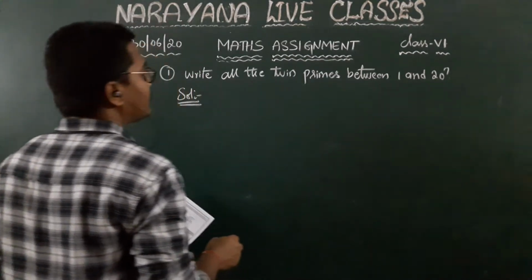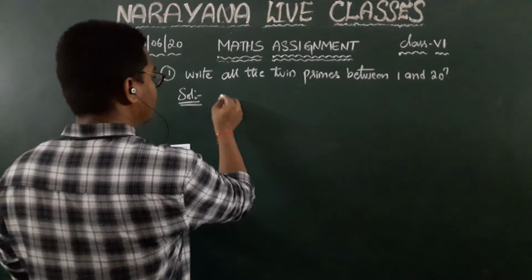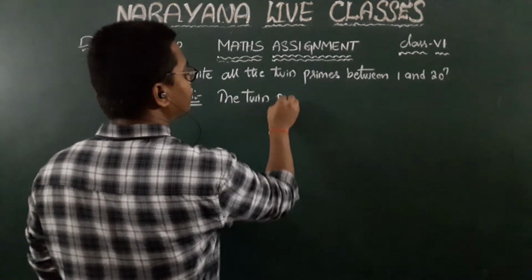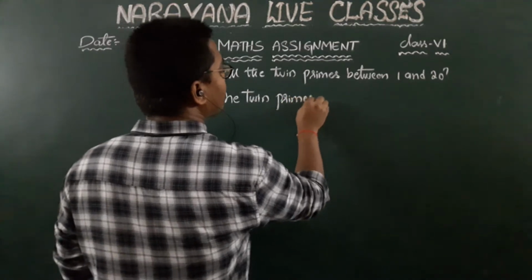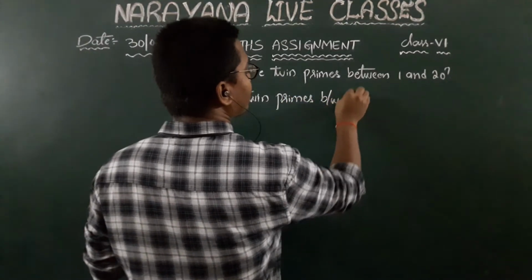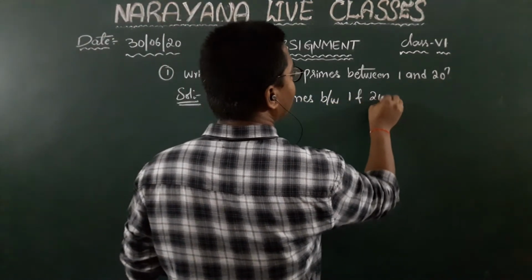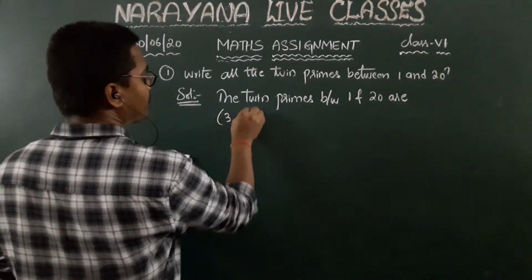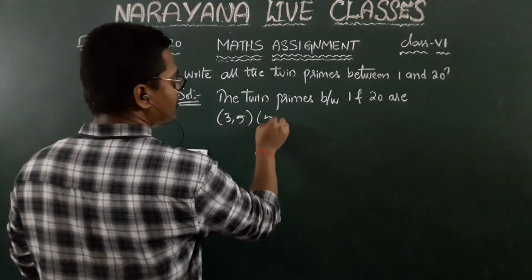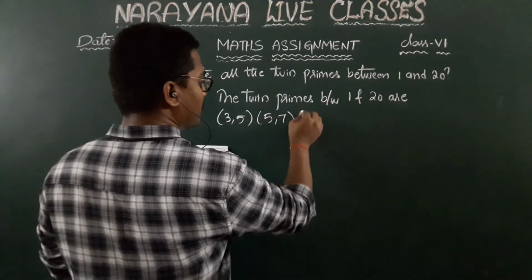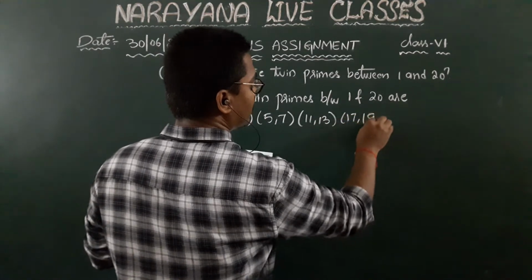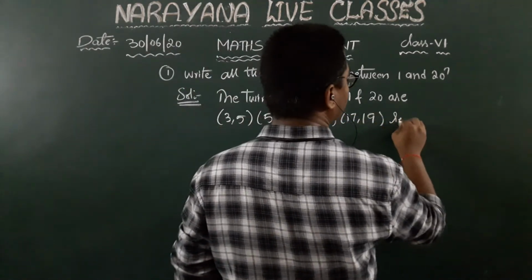So the twin primes between 1 and 20 are 3, 5, 5, 7, 11, 13, 17, 19 respectively.